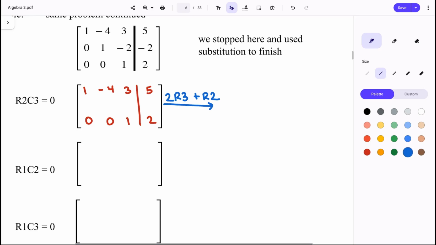Okay, let's think about this mentally here. We're taking 2 times this row and then adding it to here. So what's 2 times 0? 0 plus 0 is 0. So that term is unaffected. Same thing's going to happen here. We're taking 2 times this 0, that's another 0, plus 1.